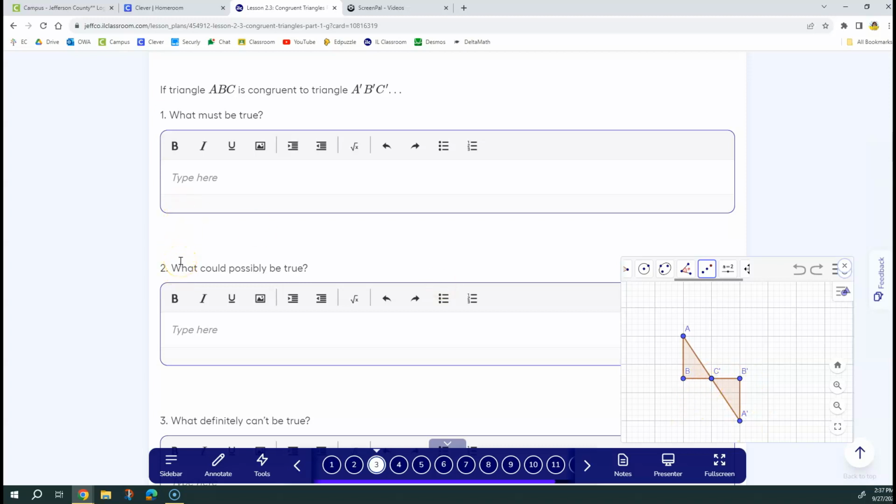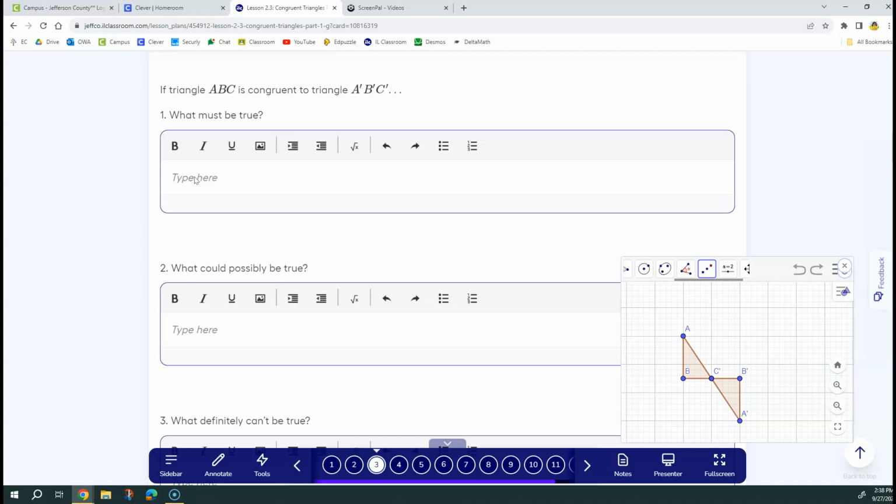Okay, so now that I have that visual, this is a little bit easier for me to figure out. What must be true? Think about it. I had my initial shape, my initial right triangle, triangle ABC. I did a transformation on it. I reflected it.